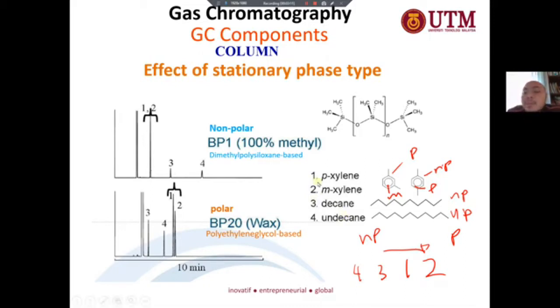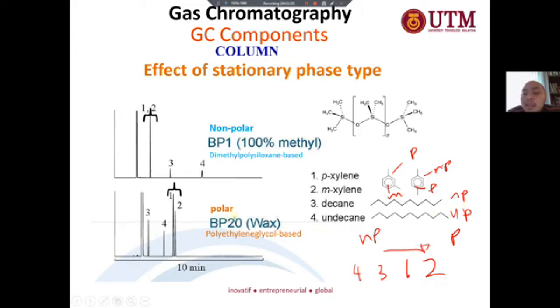So if you look over here, they will separate based on the volatility. The shorter the chain, the lower the boiling point. Again, the shorter the chain, the lower the boiling point. So they will elute earlier because they will not react with the polar column.